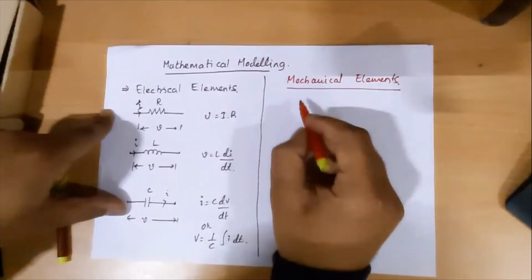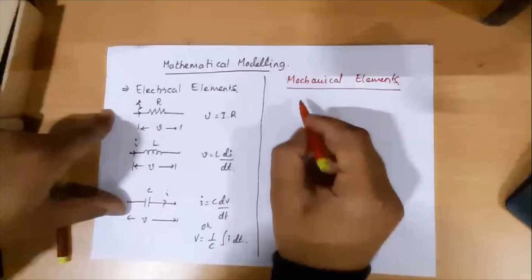Consider a bike or a bicycle, and how we can find out the more basic elementary subsystems of a mechanical system. Similar to RLC in electrical, what elements exist in mechanical is the question. Can anyone answer? Just try it out.